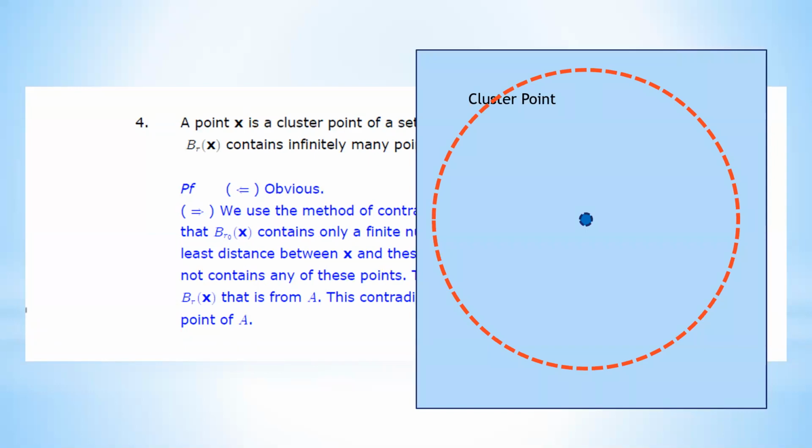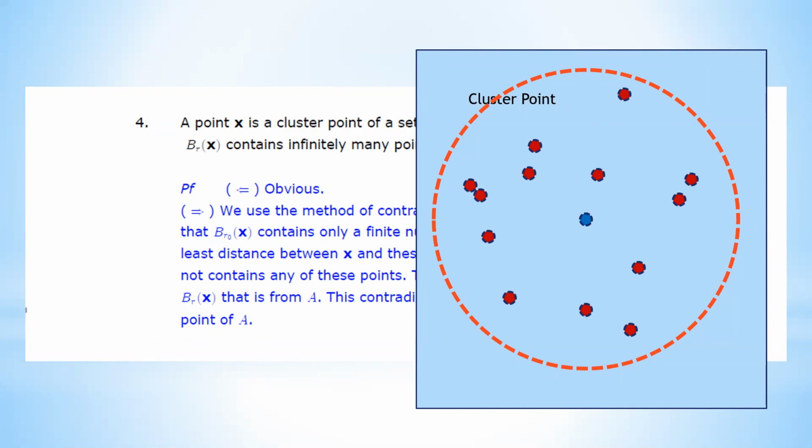Now, we use the contradiction method. Just suppose that there is a ball surrounding this X. Actually, inside this ball, there's only a finite number of points like this. And from here, we're going to show that this actually contradicts the definition once I choose a smaller ball.